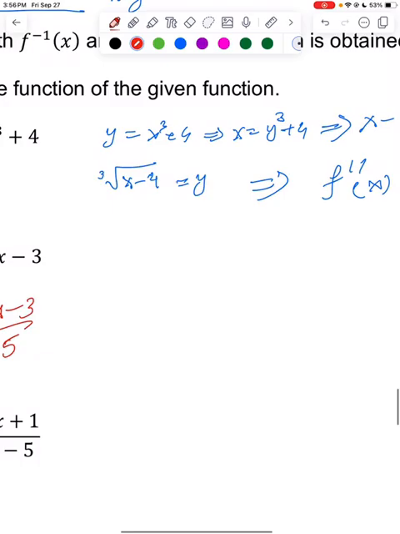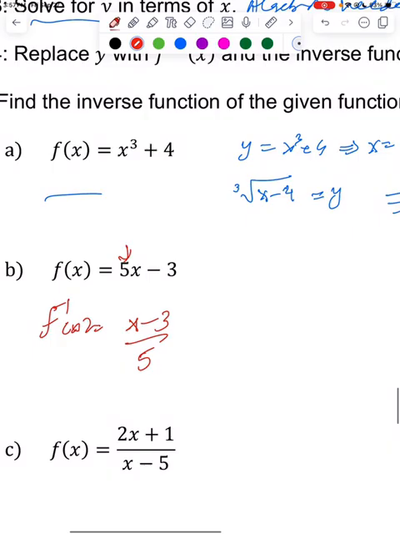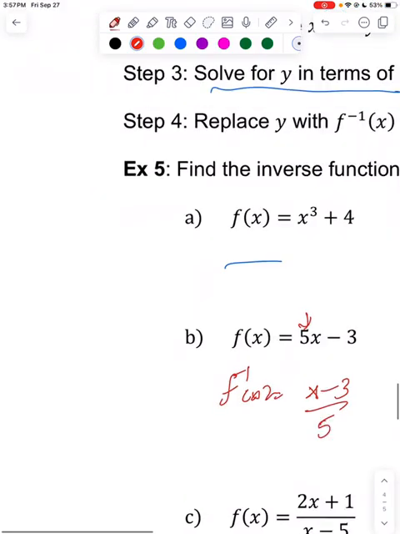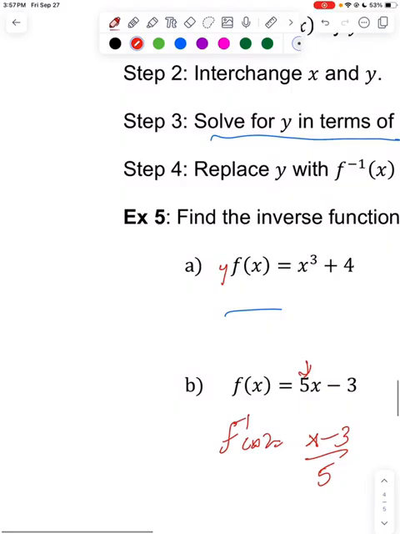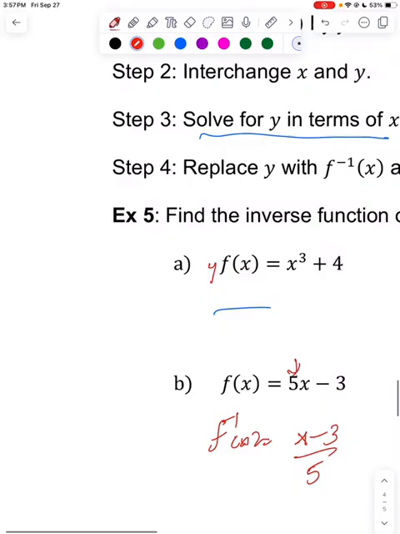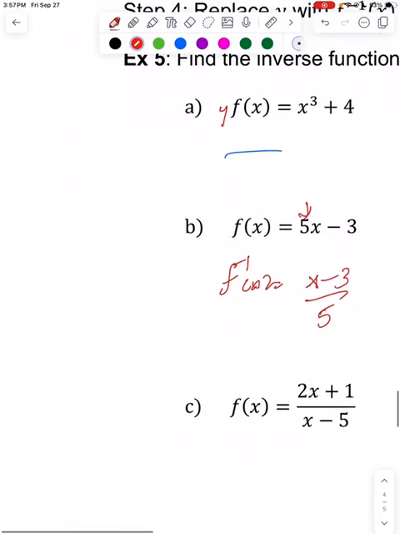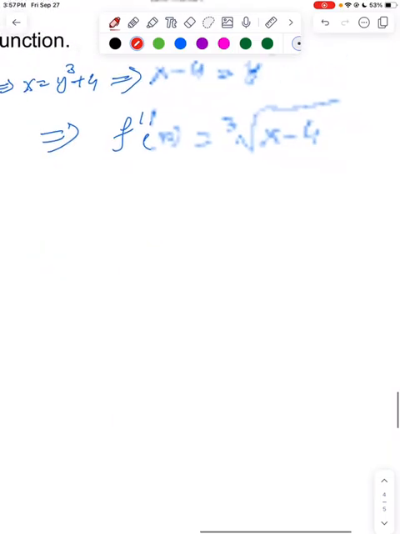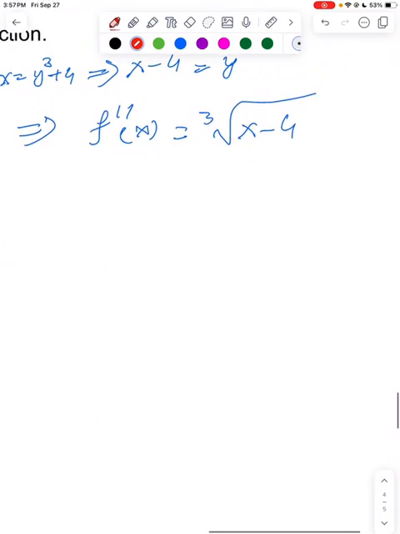So I will replace f of x by y. So we'll get y is equal to 5x minus 3. Then we will interchange x and y, right? So the next step is that x equals 5y minus 3.